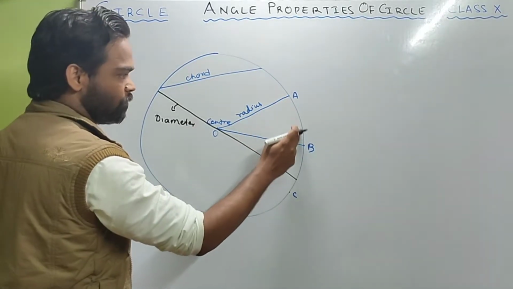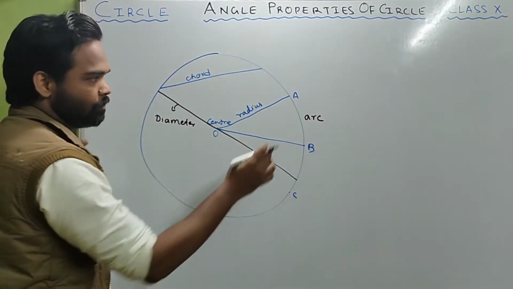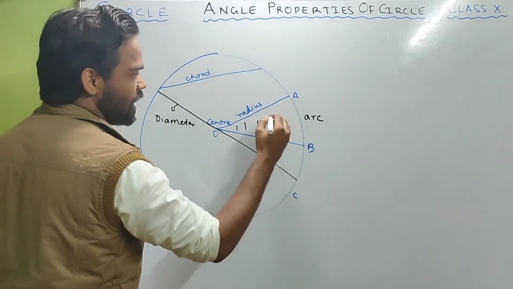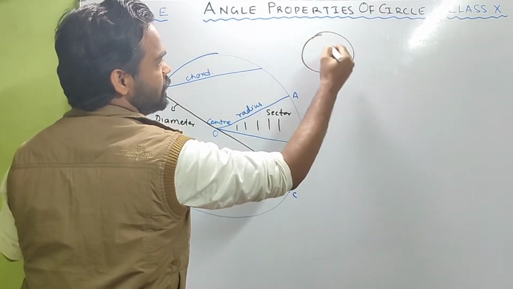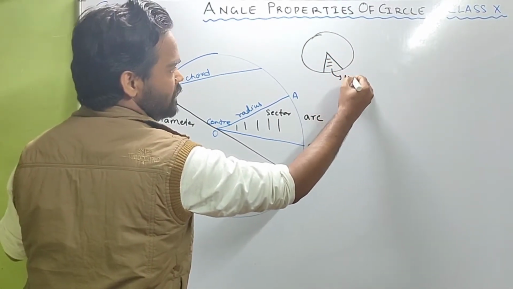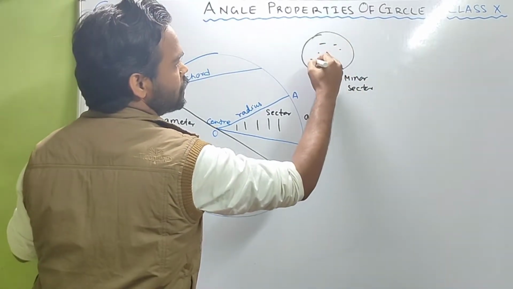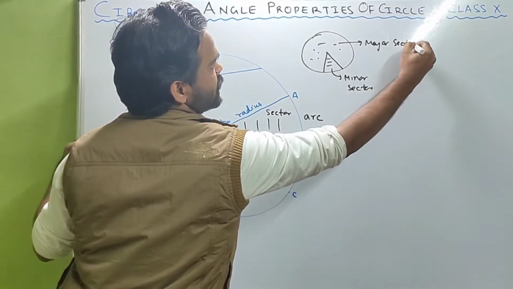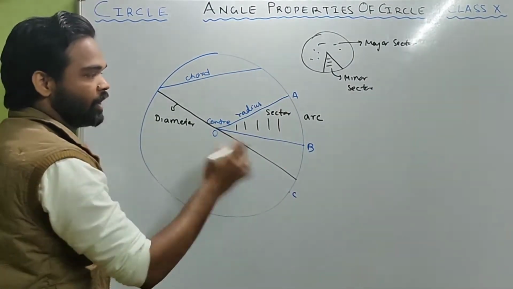Now this curved portion is known as your arc, and the region between the arc and the radius is known as a sector. Now look carefully again, this region is your minor sector and the other region is your major sector. Sector is the region bounded between the arc and the radius.